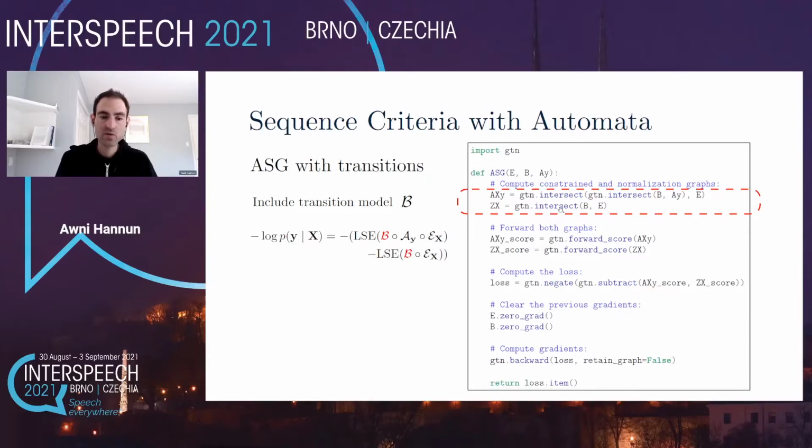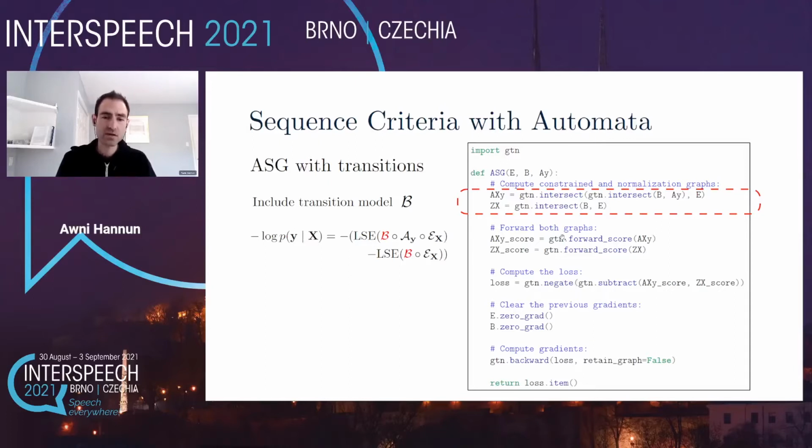And then when I want to compute the normalization term, I have to intersect the transition graph with the emissions graph. And that gives me the score, when I compute the forward score of that, of all possible sequences, where each score includes both the emissions from the emissions model and the transitions from the transition model.